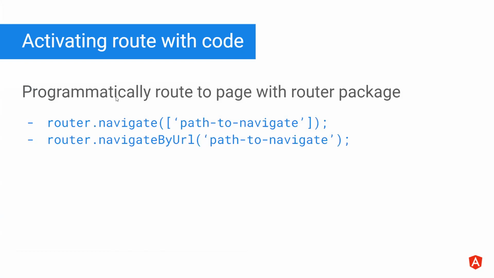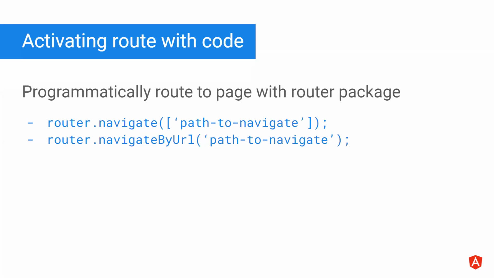If you want to route using code instead of the template, we use the router package that comes with Angular, and then we inject the router as a dependency into your component, and then you use the navigate function or the navigate by URL function from the router package. In most cases, we'll use navigate because it's the more flexible function.